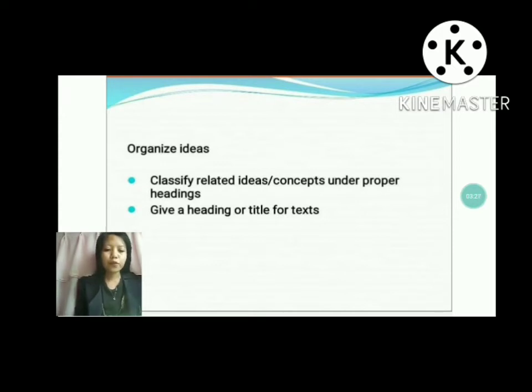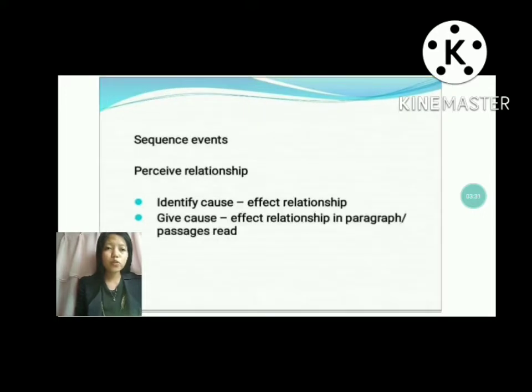And the next part is to sequence events. In sequencing events, there is a perceived relationship, so identify the cause-effect relationship in the paragraph or passage read. In sequencing events, the reader must be able to recognize first, then, last, or beginning, middle, end, and put those events into a sequence.